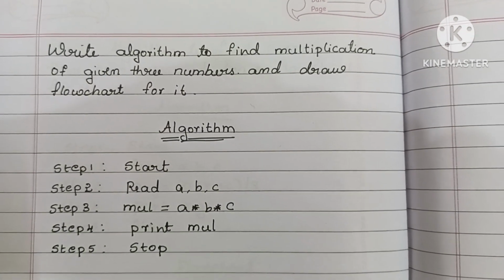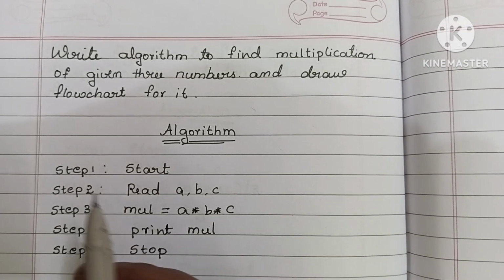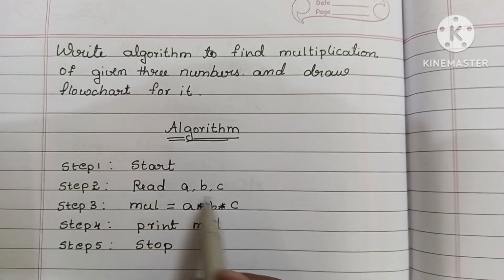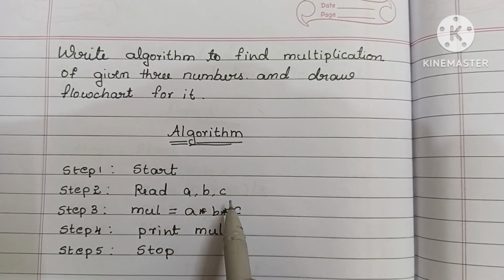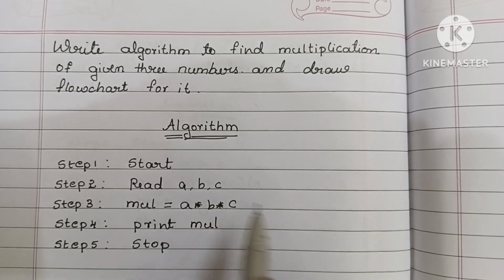So guys, this is the algorithm to find the multiplication of given three numbers, that is step 1 start, step 2 we have to read three values, that is three numbers, that is read A, B, C. Here A, B, C variables represent three numbers.